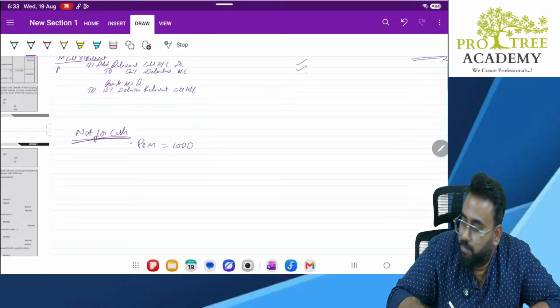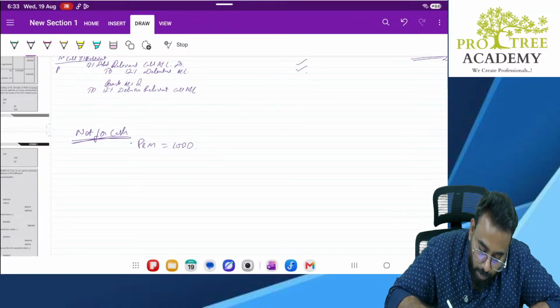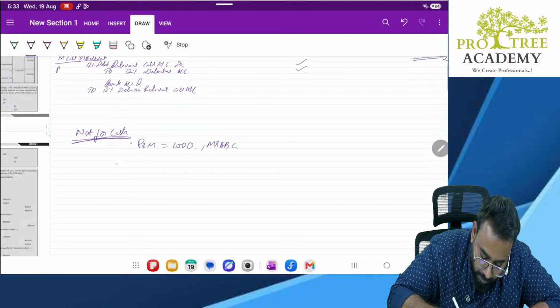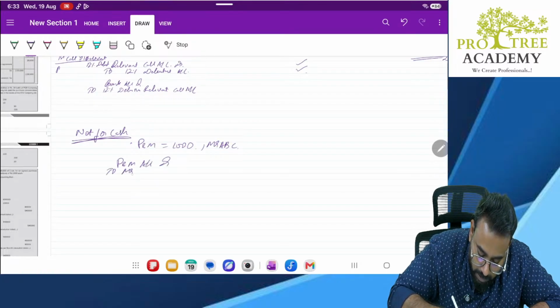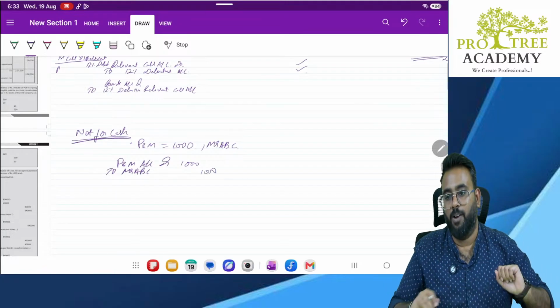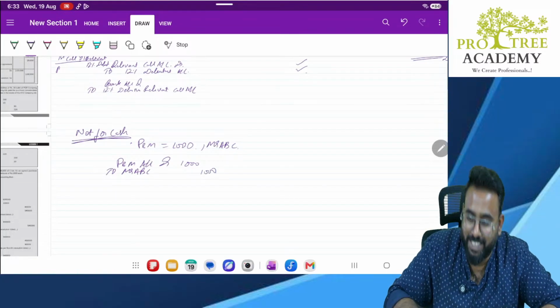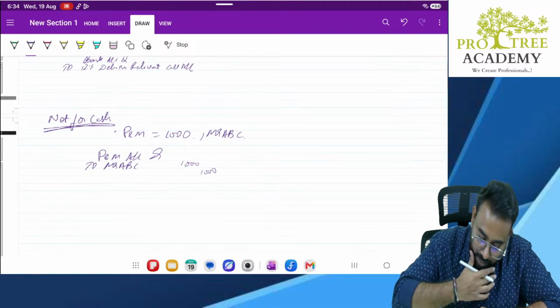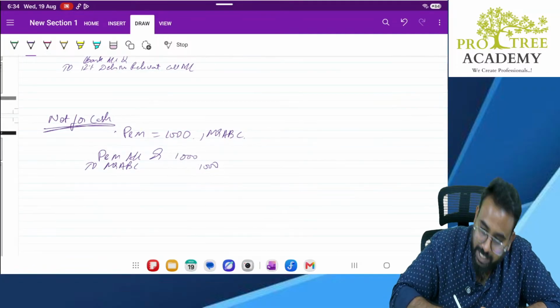If I purchase plant and machinery for 1000, I need to pay 1000. So rather than paying 1000, say I purchase it from ABC, what is the first entry you pass? Plant and machinery account debit to Mr. ABC. I have told you already many times: when you are purchasing an asset, it will go to the asset account. Clear? Next.